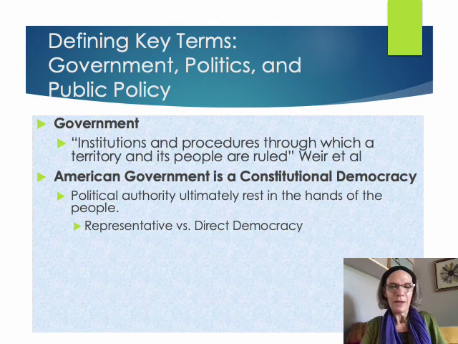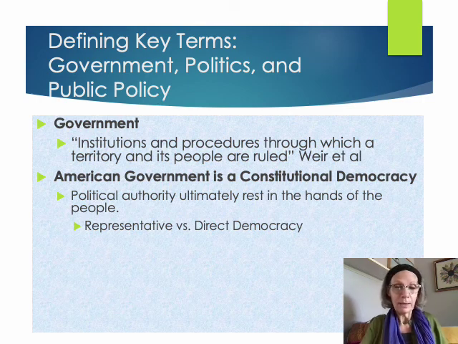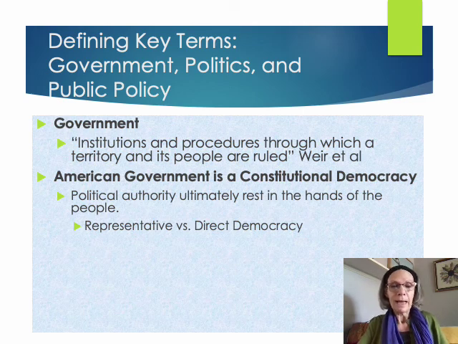I'm sure most of you know this, but just to make sure, we live in a type of democracy known as a representative democracy, also known as a republic. What that means is that while political authority ultimately rests in the hands of the people, the way that we give that authority is through who we elect to govern over us.